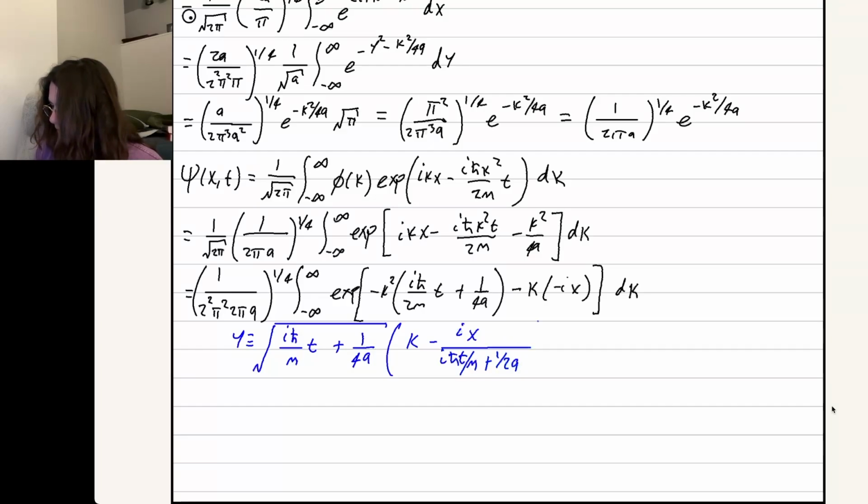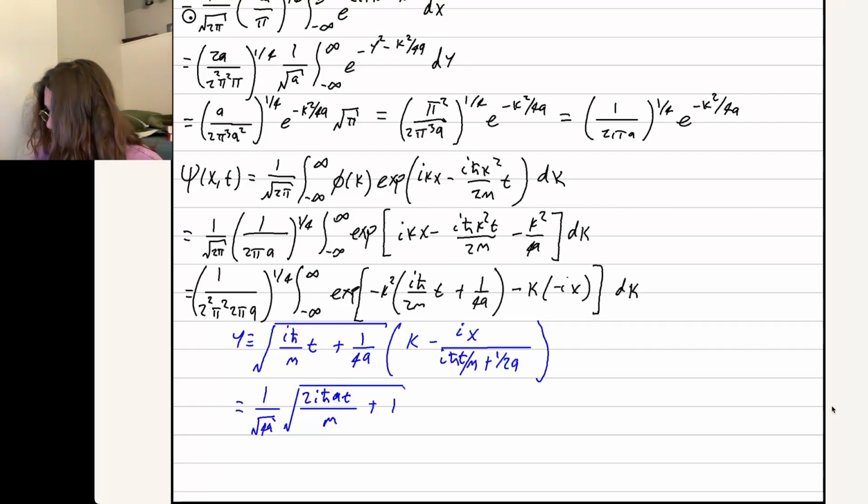This is like an identical unit transformation here. But we're going to massage it a little bit just to make it look nicer. So factoring out a root 4a from the radical, I have that this now looks like 2 i h bar a t over m plus 1.